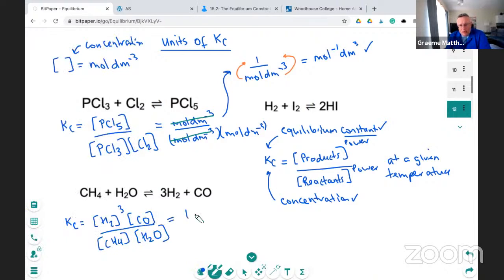This would be moles per decimeter cubed with H2 times moles per decimeter cubed with CO over, let's see, moles per decimeter cubed CH4 and moles per decimeter cubed for the H2O.